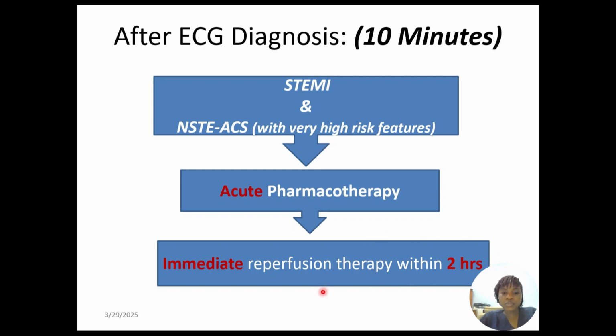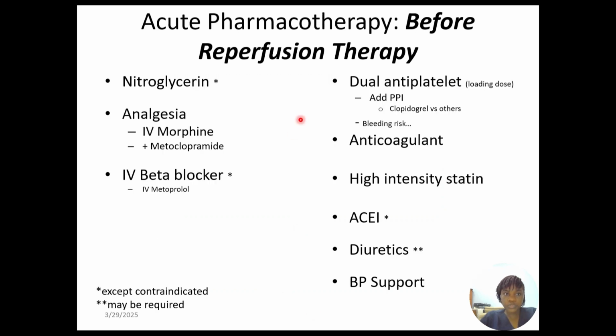And while this is being prepared or organized, these patients should have acute pharmacotherapy in order to reduce complications and preserve the coronary vessels and the heart muscle as well. Now, the options or the medications recommended for acute pharmacotherapy before reperfusion therapy include all of these listed here.